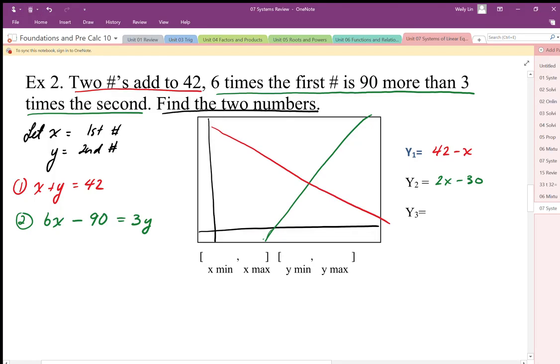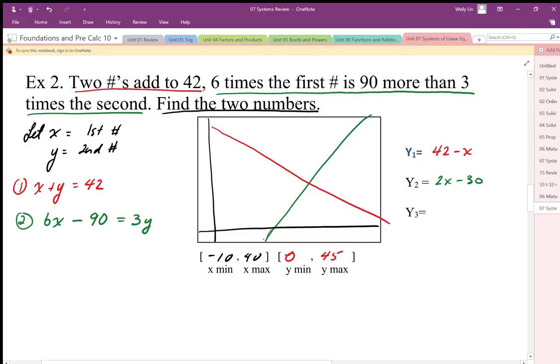So just so I know what I'm looking at here, it's about negative 10 to 40 along the x. And for the y, we're looking at maybe negative 10 to, or negative 2 or something like that, to, let's just say 0 to 40, let's say 45 or something like that.